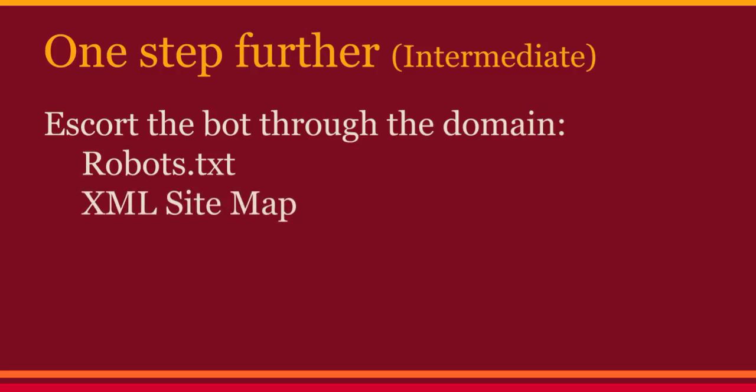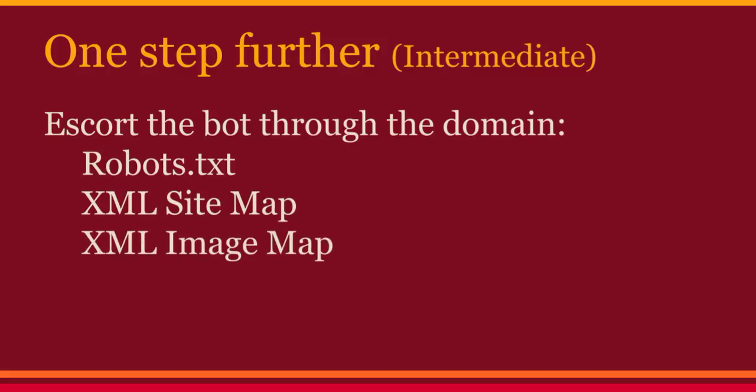The other one is an XML sitemap. You can build a sitemap that these bots are looking for, and it tells it exactly what the site layout is, what the names of each one of the pages are, what's included within each one of those pages, and how to categorize those pages. You can make that bot's job so much easier by building out an XML sitemap.